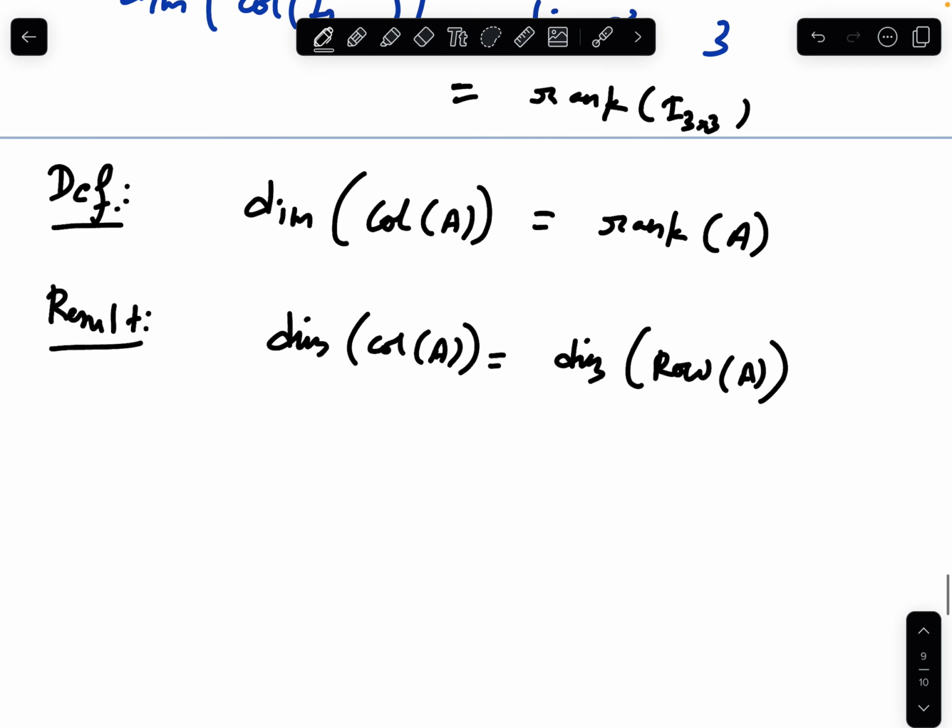Okay. Similarly, what is the rank of this matrix?